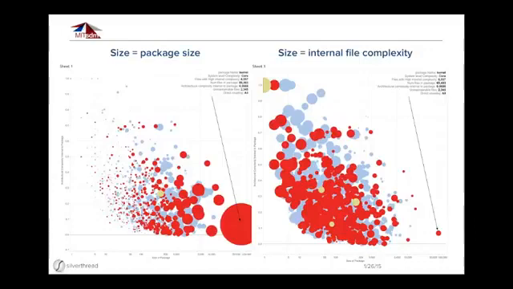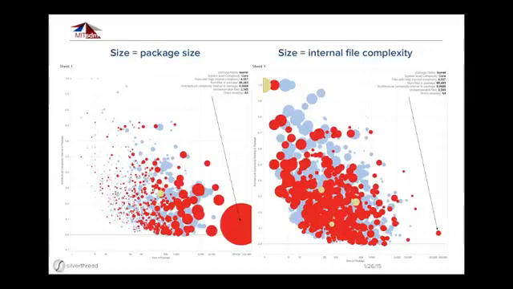So its size is big, but it's pretty good in terms of complexity of the files or functions or methods that it contains. But you can look at the other red dots, and we can trace the links and say, are any of those too high, right?